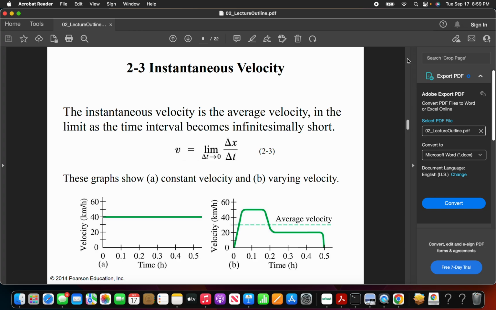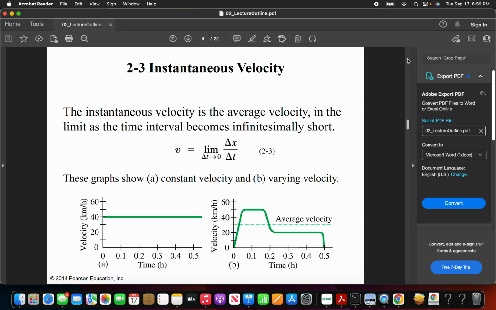Okay, so if I look at the plot to the right, then I notice that what? That object starts from 0, right? Speeds up to about what? 50 kilometers per hour, stays there for a little while, right? Then decides to slow down to about 20. Then stays at 20 for a while and then eventually just stops.